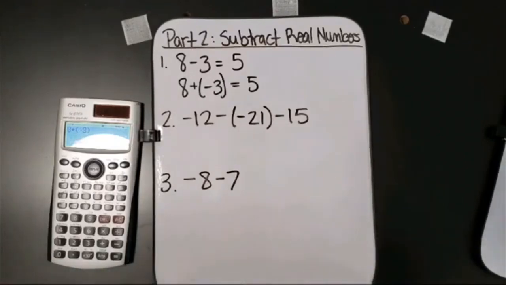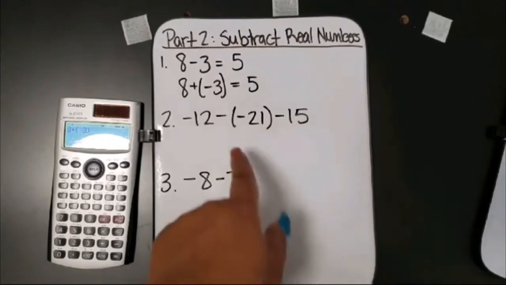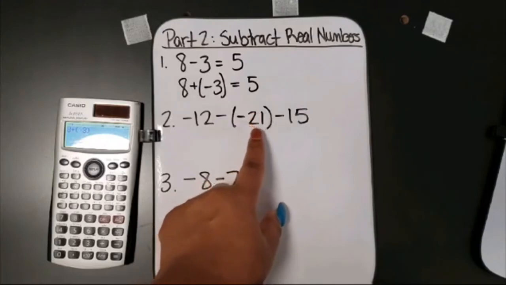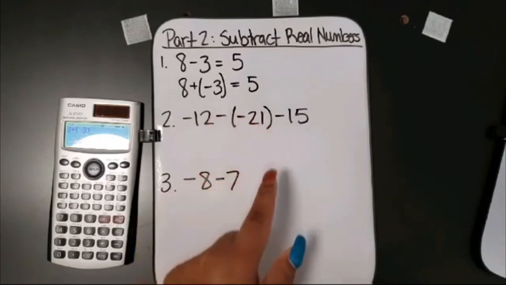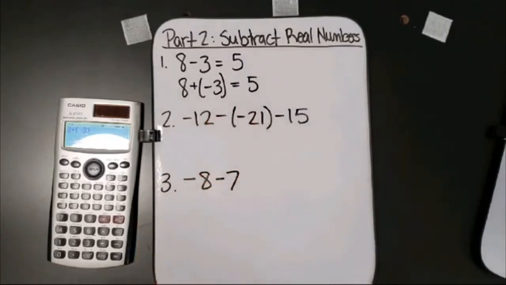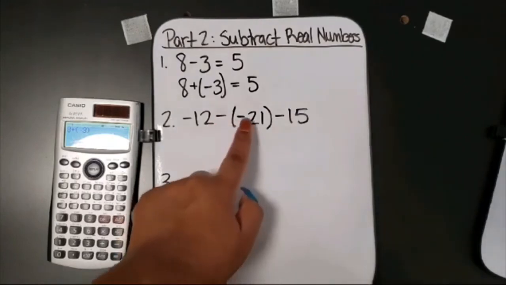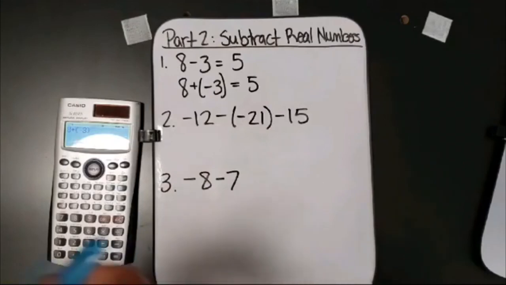So with number 2, what I want you to pay attention to is what happens when you subtract a negative. When you subtract a negative, these 2 negative signs turn into a plus sign.